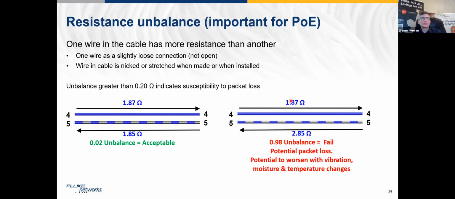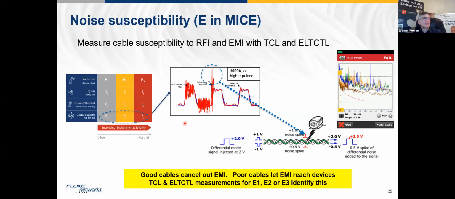If it's too much out of balance, this will cause a fail, especially if you need power over Ethernet, but also for other reasons: retransmissions, the machine, the control software will not work properly. You have to retransmit the data again and again. So it's good that you measure that resistance unbalance during installation, testing, and at the end of your production setup or machinery setup.